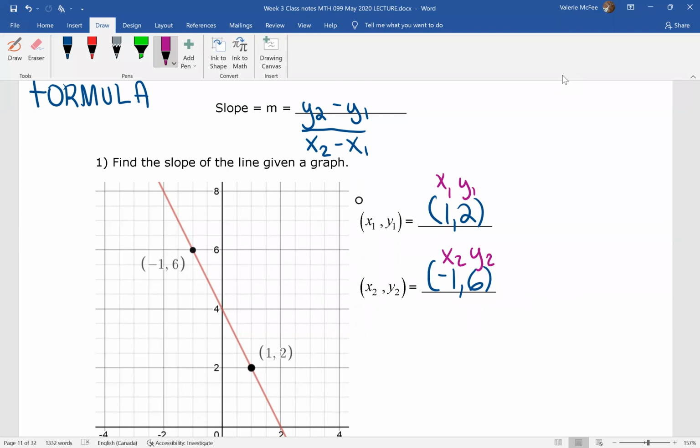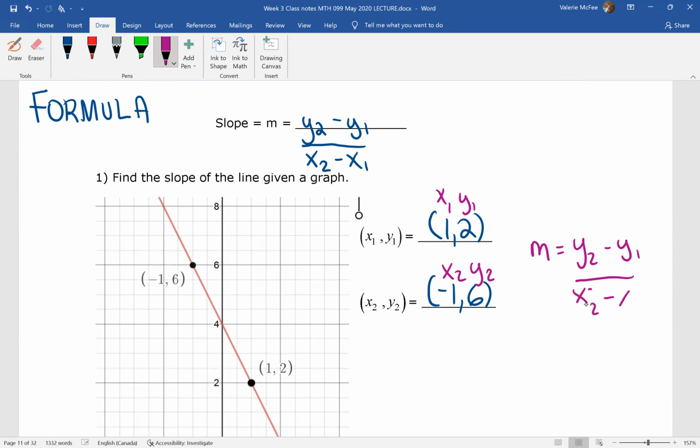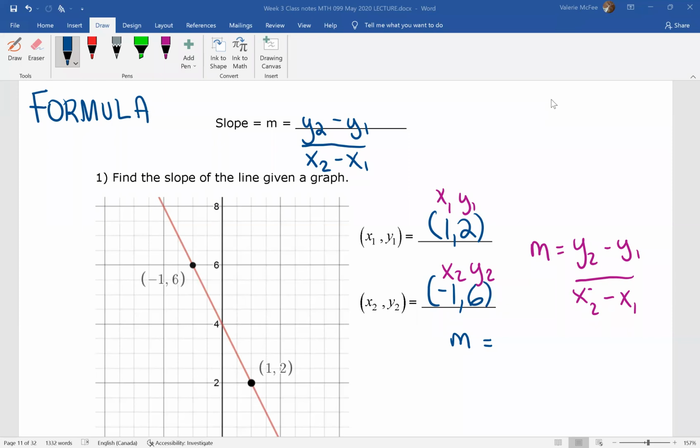Now, if this is a formula that's new for you, every time you want to use it, you should write it down. That will help you memorize it. Now we can substitute in our values. People often mix up their variables when substituting, so do be careful.